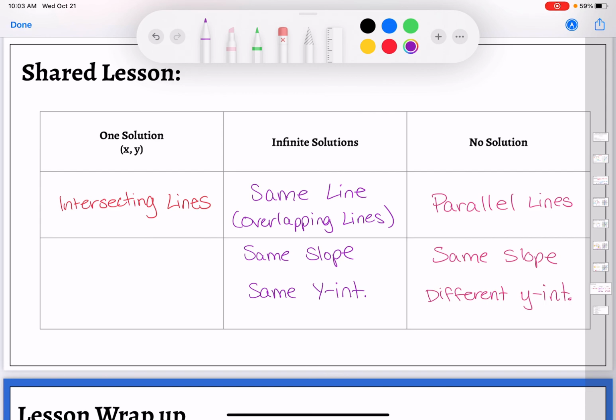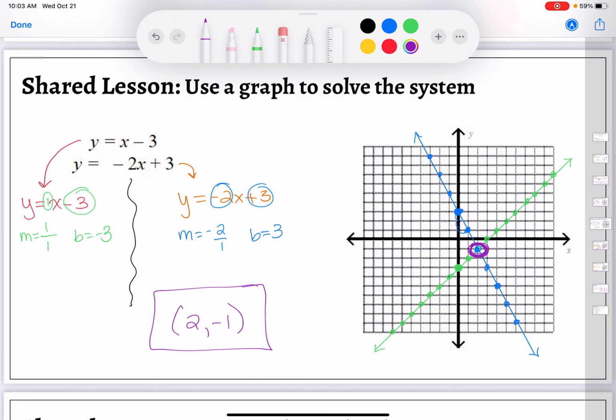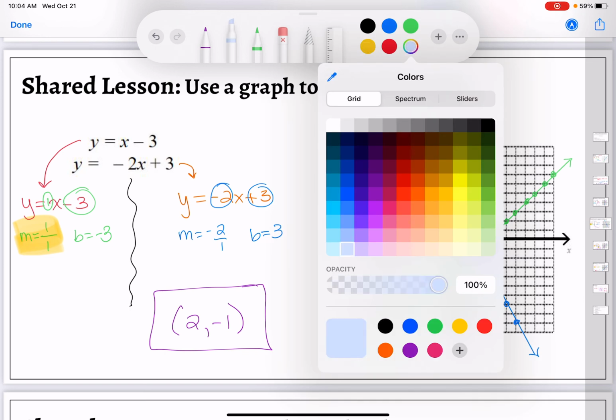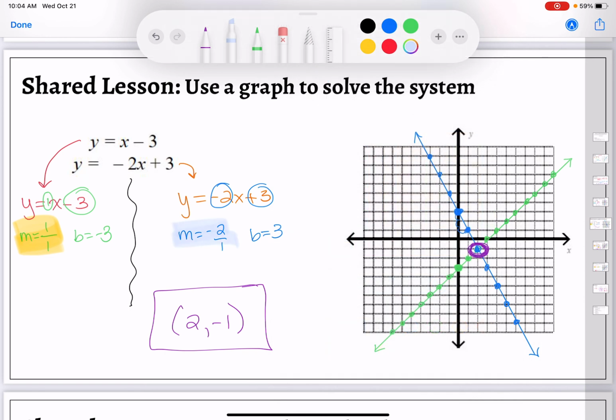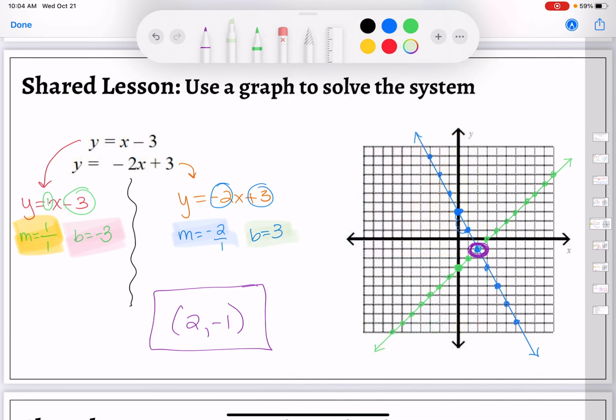All right, well now let's go back up and look at when we had one solution. So if I look at this one, my slope on this was 1, and my slope on this other one was negative 2, so different slopes. I also noticed that my y-intercept here was negative 3, and my y-intercept here was positive 3, so I had different slopes, different y-intercepts.